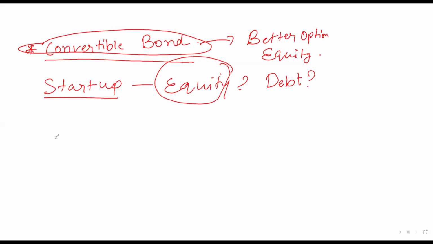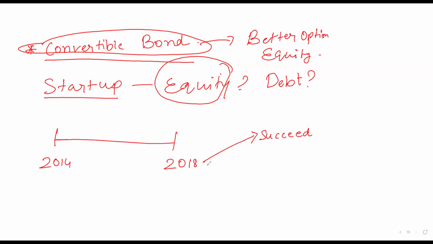Let's say you are running a startup which was incorporated in 2014. In 2018, there could be two scenarios: either the startup may succeed or the startup may fail.